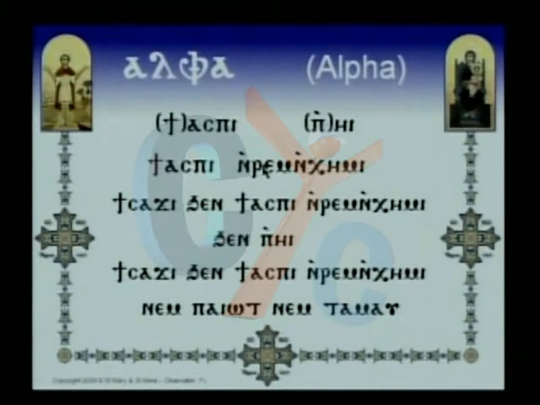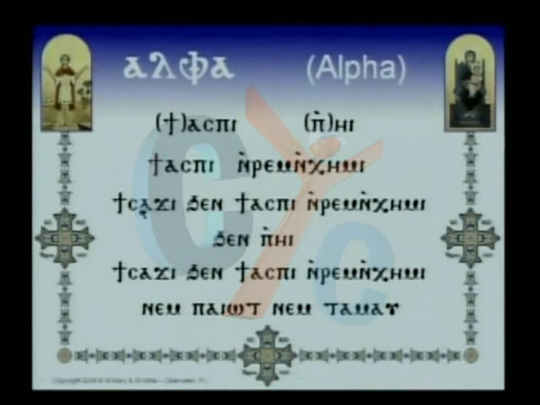And in Coptic, we don't differentiate between the word Egyptian and Coptic. It stands for Egyptian language and also for the Coptic language. When we speak Coptic, we say Coptic or Egyptian, it's the same.